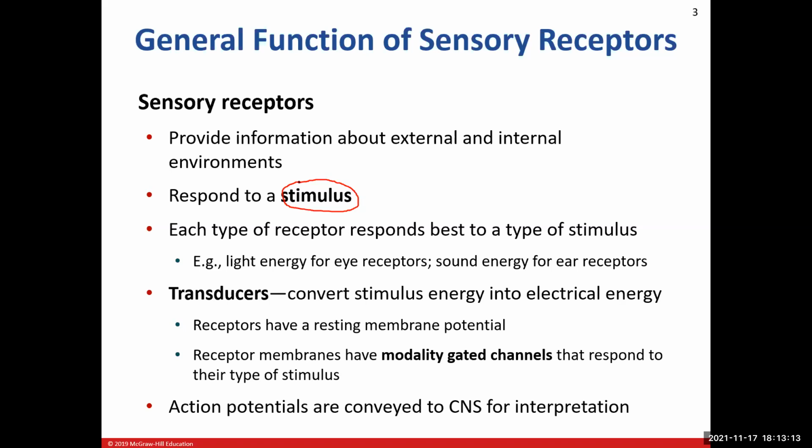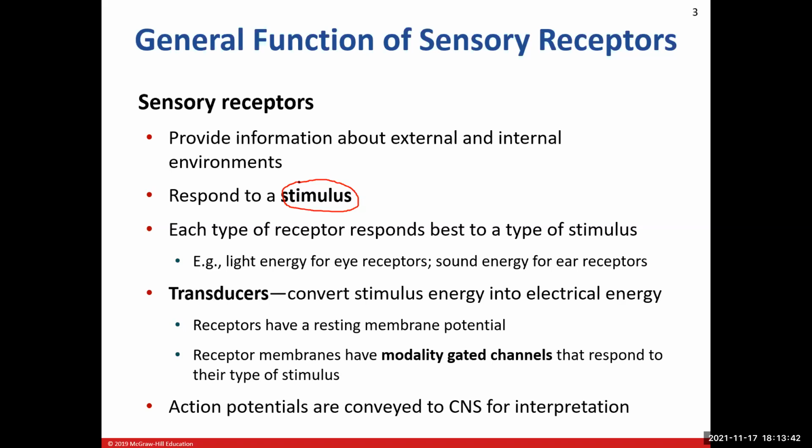So when there's really nothing going on and your receptors are at rest, the membrane potential of those receptors is at a specific level. Then a stimulus occurs and it alters that resting membrane potential in one of two ways. It can hyperpolarize the membrane potential or it can depolarize the membrane potential.